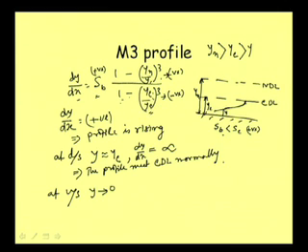So, dy by dx we can write as infinity by infinity. Now, infinity by infinity is mathematically undefined.